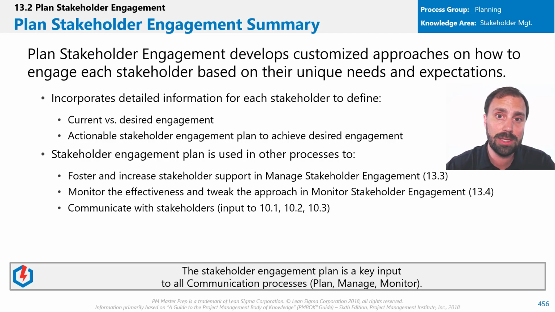We're going to use these things that we define here. And then as we go into monitoring and controlling, we're going to monitor the effectiveness and tweak our approaches and how we deal with our stakeholders in 13.4, monitor stakeholder engagement. And like I said, every single one of the communication processes in that knowledge area uses this output as an input. Really, really powerful.